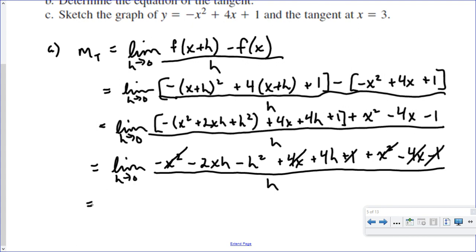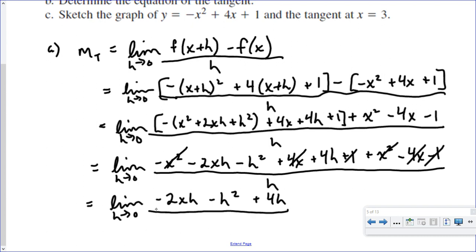That leaves me with the limit as h approaches 0 of negative 2xh minus h squared plus 4h. That's it. It wasn't so hard.